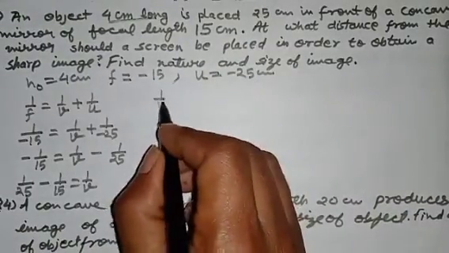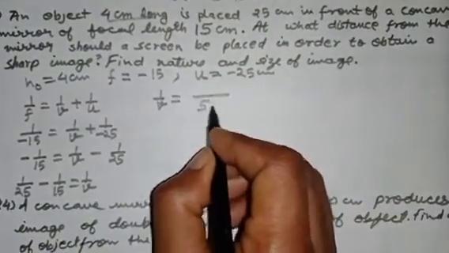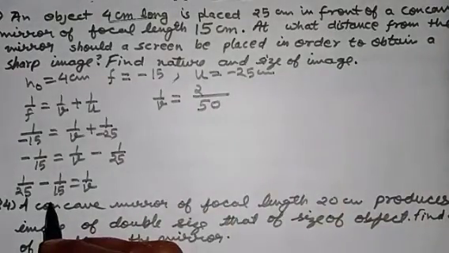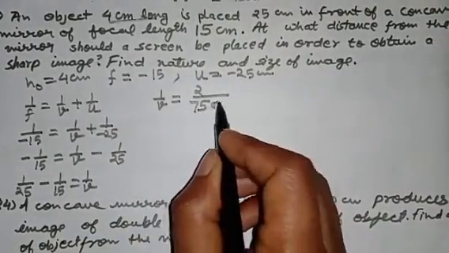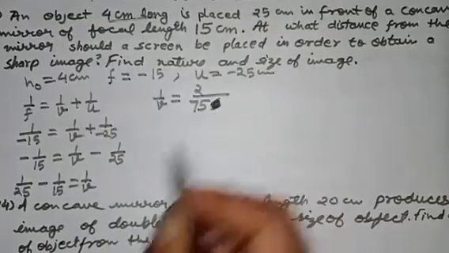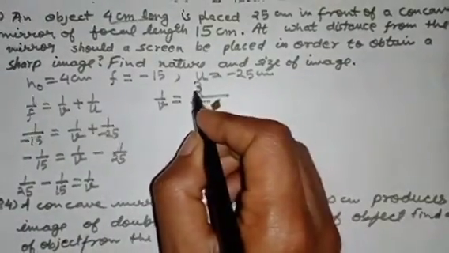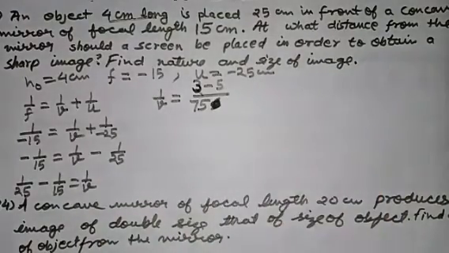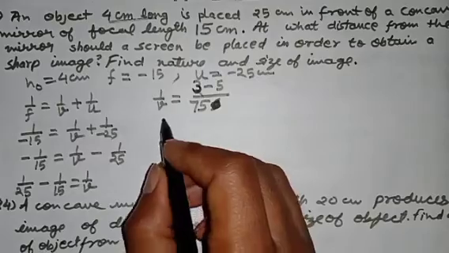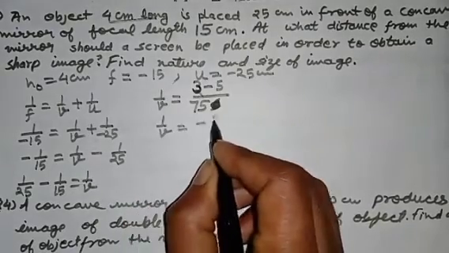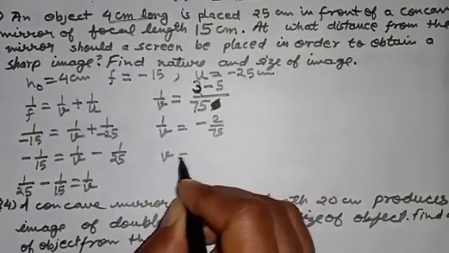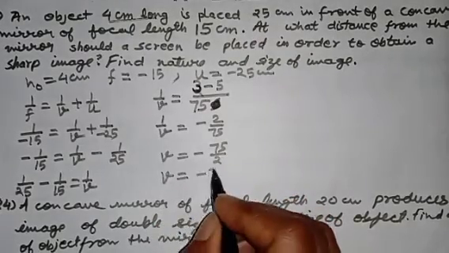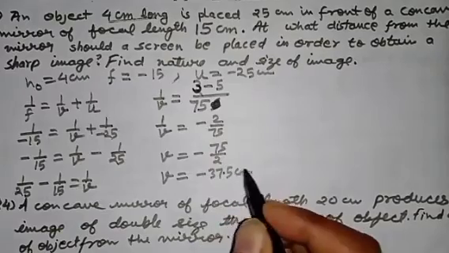The LCM is 75, so 3s are 25, 3s are 75, and 5s are 15 when multiplied. Okay, so 1 by v equal to minus 2 by 75. So v is equal to minus 75 by 2, or minus 37.5 centimeter.